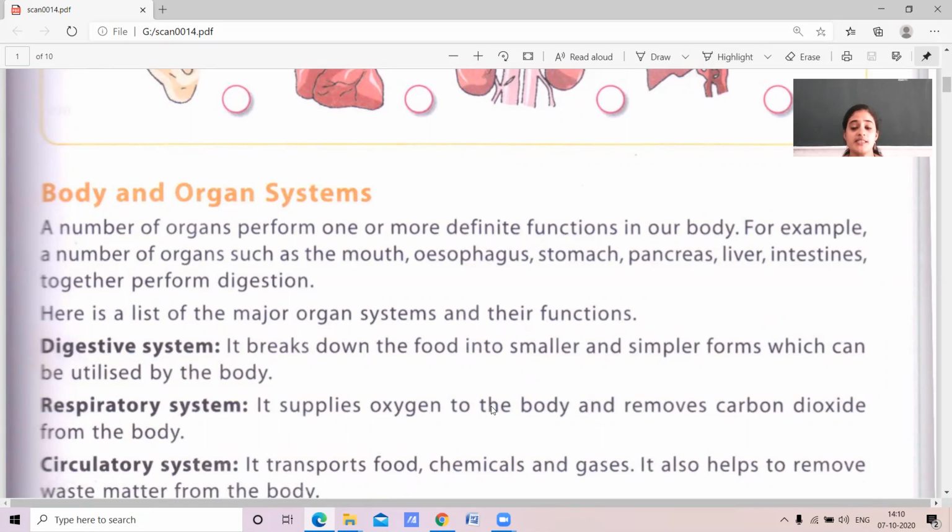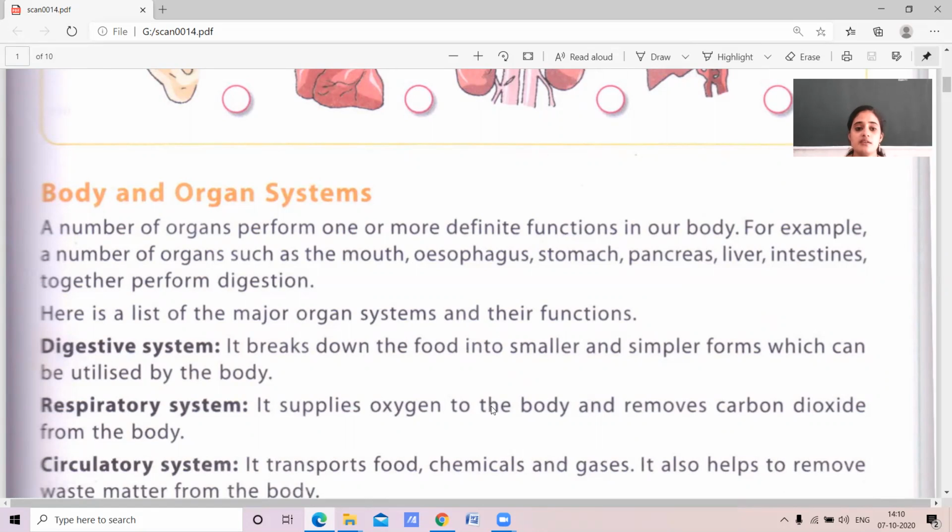That function is digestion, children. Yes, for digestion, we need organs like mouth, esophagus, stomach, pancreas, liver, and intestine.